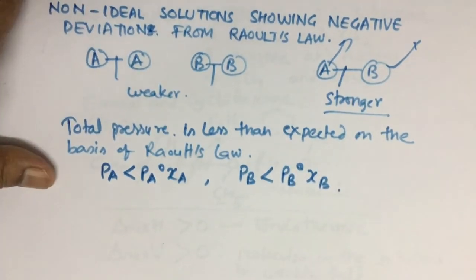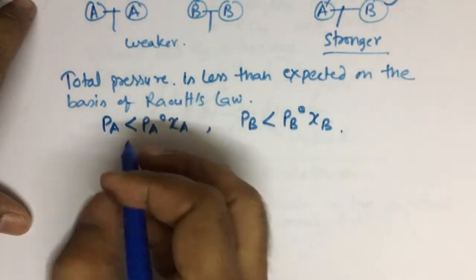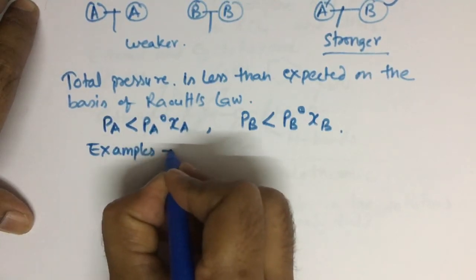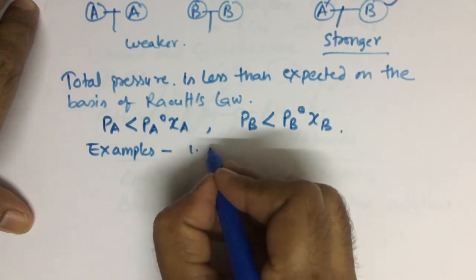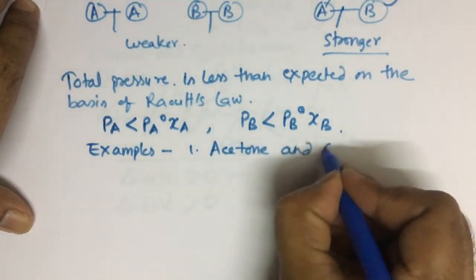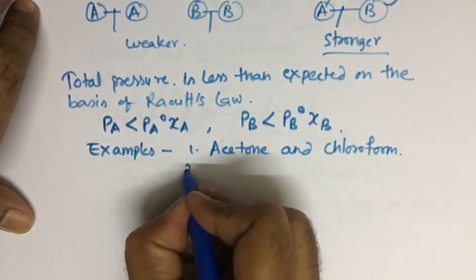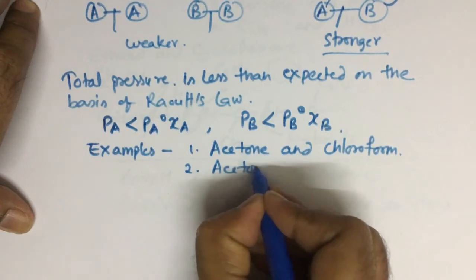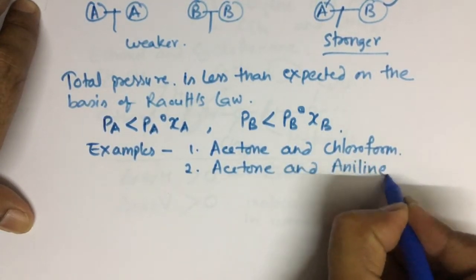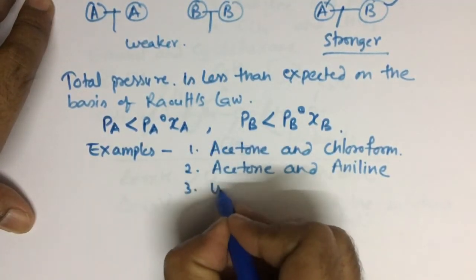Now some examples of solutions which show negative deviation: we have acetone and chloroform, acetone and aniline, water and nitric acid.